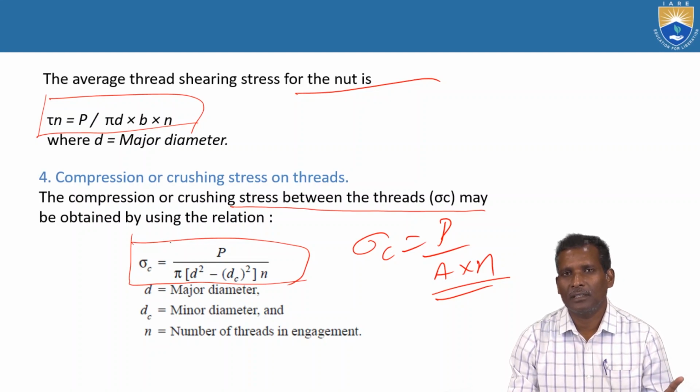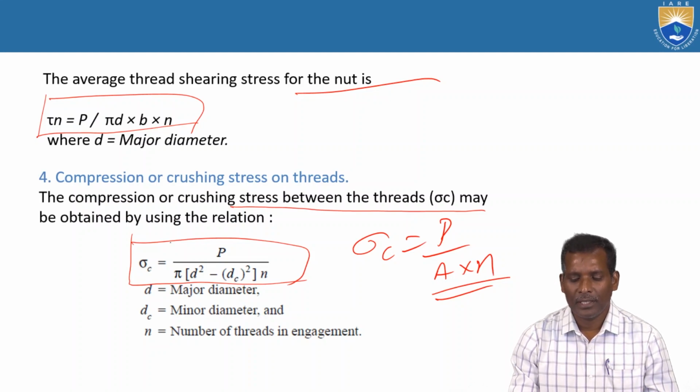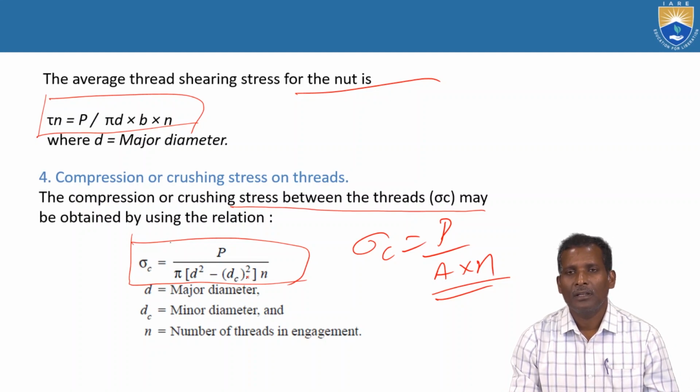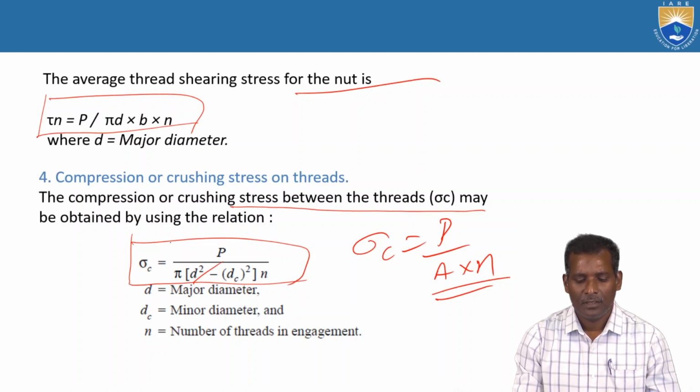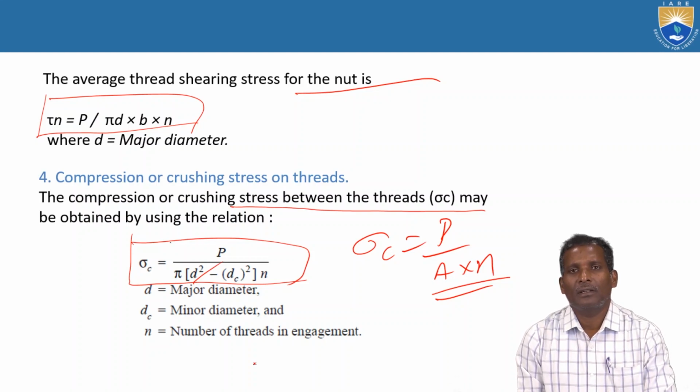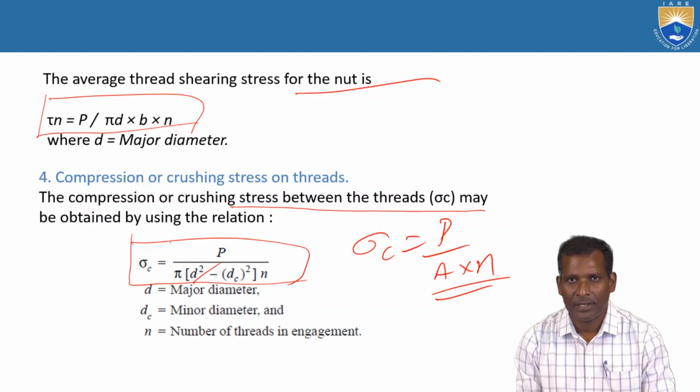In the earlier first case we took the shearing area. So take here the crushing area as π/4 into (d² minus dc²), where d is the major diameter and dc is the minor diameter. Substitute those values, and you may calculate the compression or crushing stress of the threads.